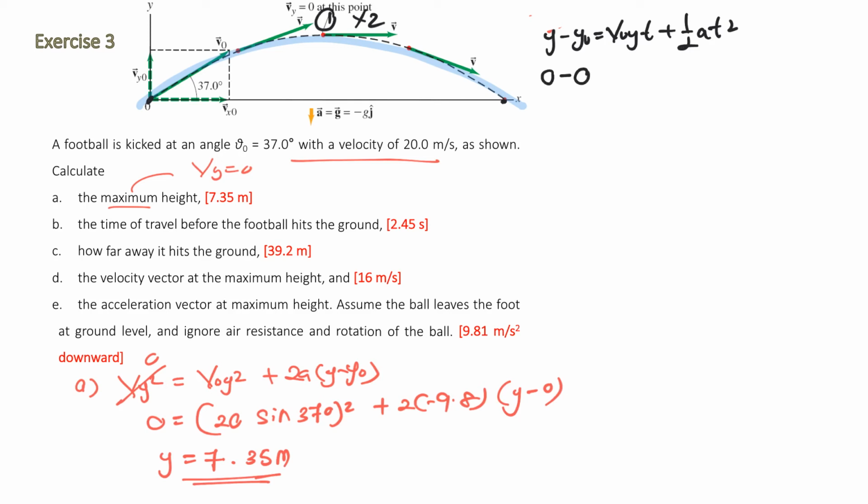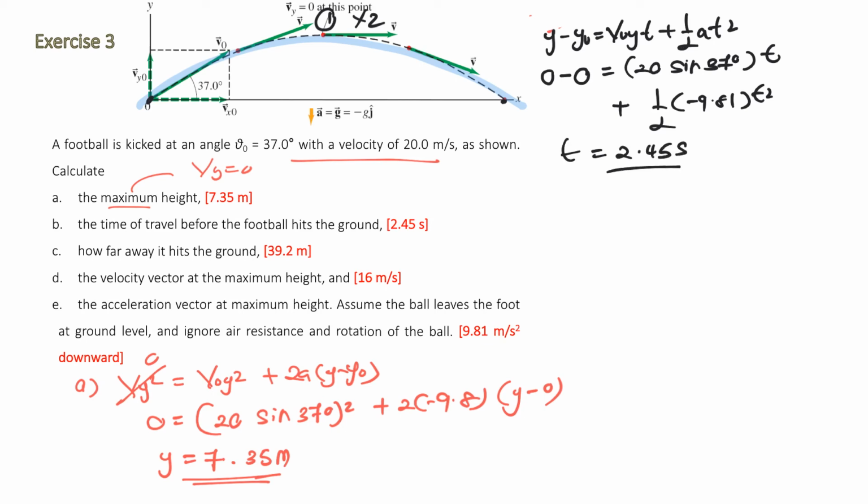V naught y is 20 sine 37 degrees times t, plus 1 over 2 times negative 9.81 t squared. So basically you are going to get the answer: time is 2.45 seconds.